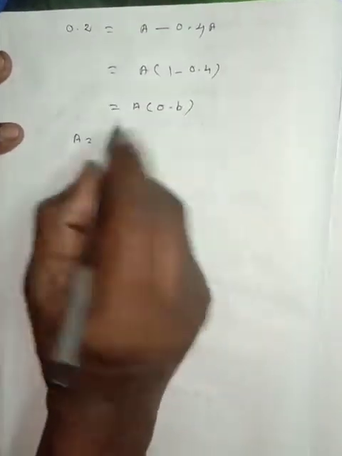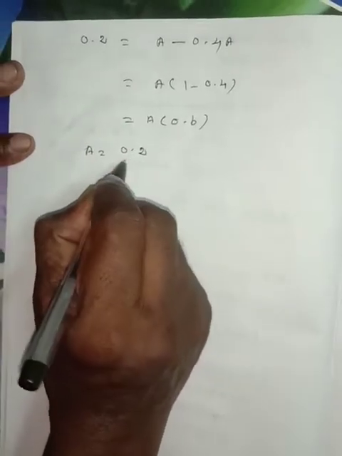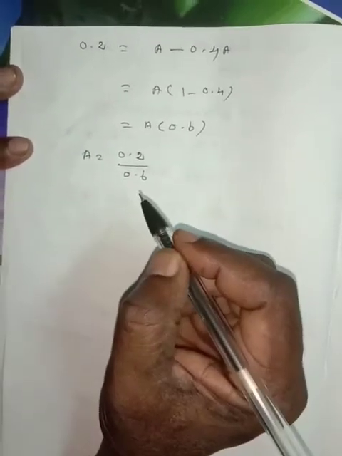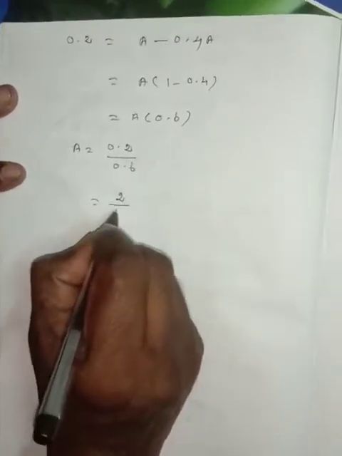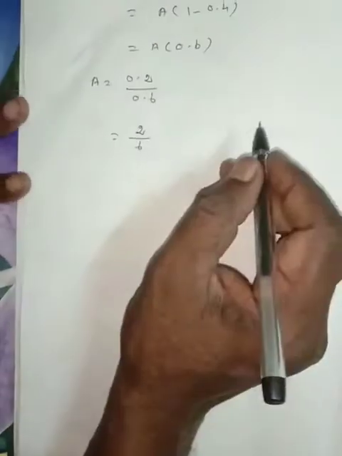A is equal to 0.2 divided by 0.6 is equal to 2 divided by 6 is equal to 1 by 3.